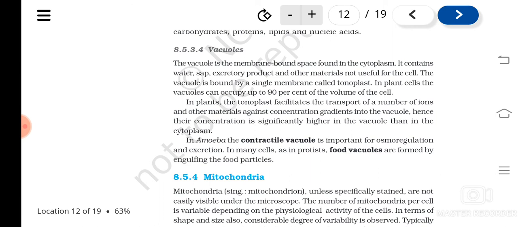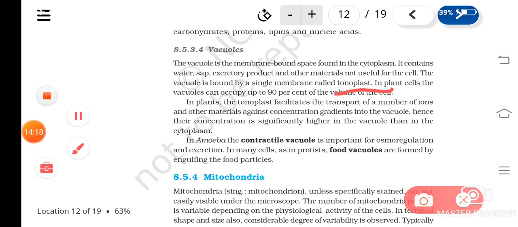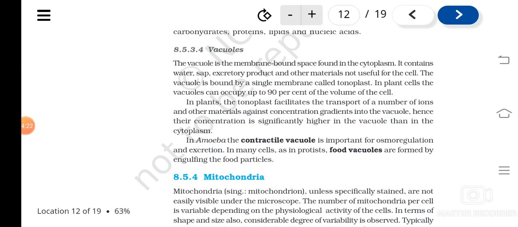The vacuole is bound by a single layer of membrane, and that membrane of the vacuole is known as the tonoplast. So what is tonoplast? The membrane of the vacuole is called the tonoplast. And you know the difference between the vacuoles of plants and animals.